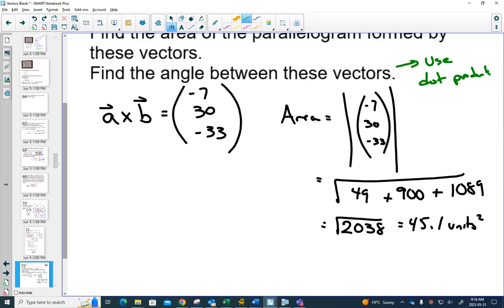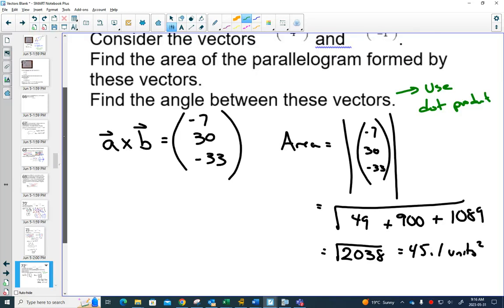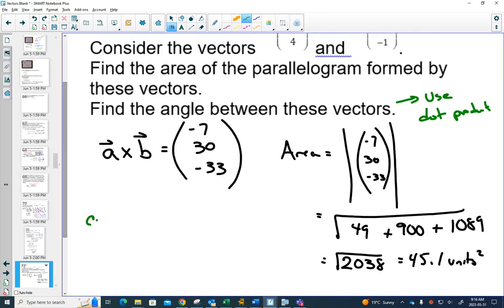So how would I do that? Well, I'm going to find my dot product. Cos of theta is equal to the dot product divided by the length of u times the length of v. That was our formula from the dot product.